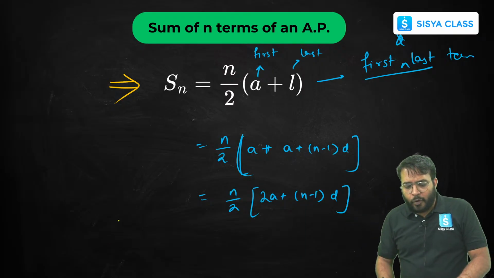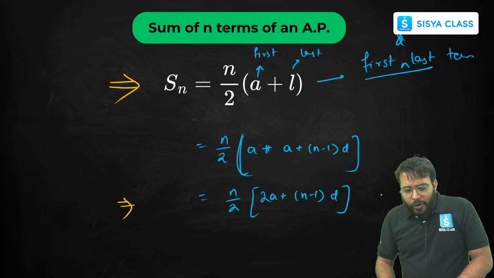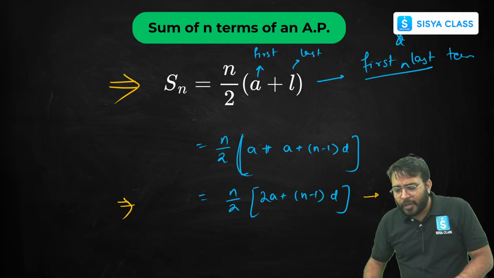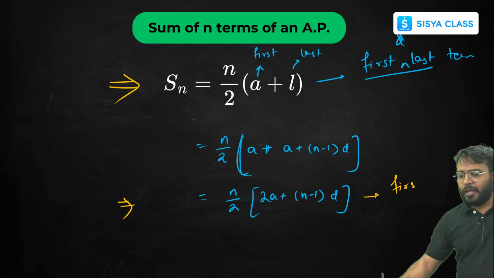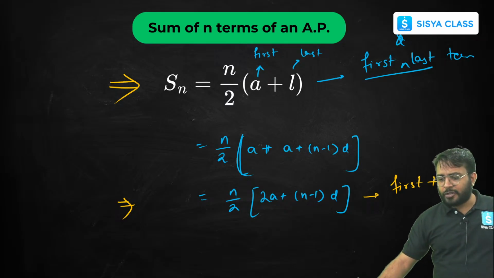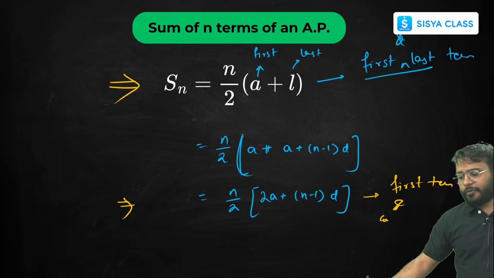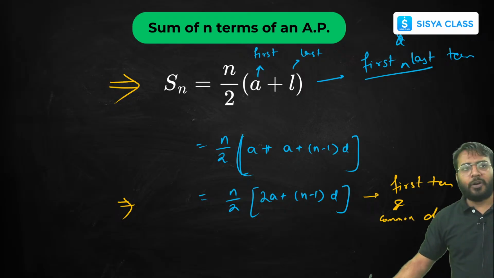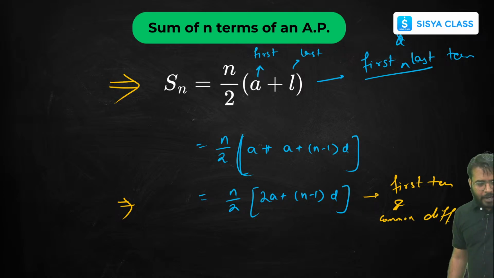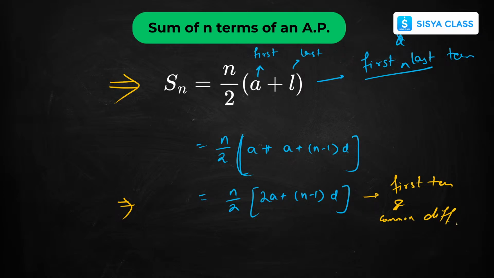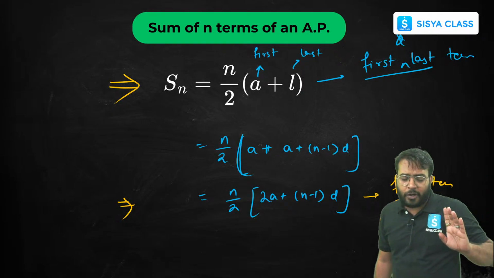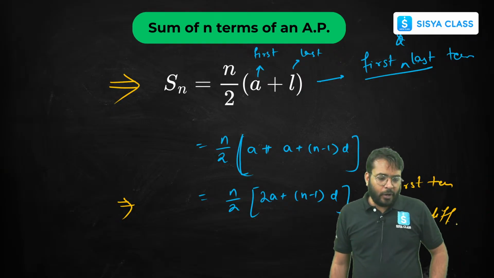If you know your first term and common difference, then at that time you will use this formula. Got it? If you know your first term and the last term, you will use your first one. If you know the first term and the common difference, then you are going to use the second formula in order to find this sum. Got it?